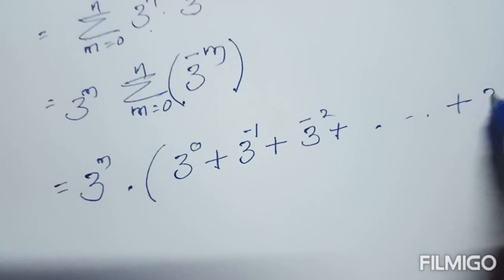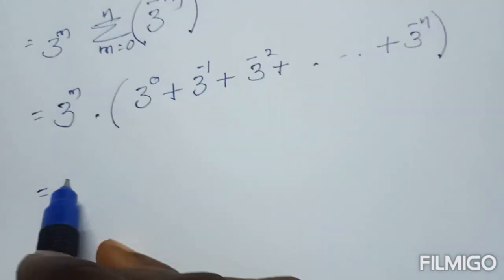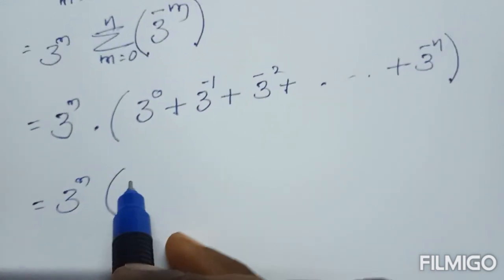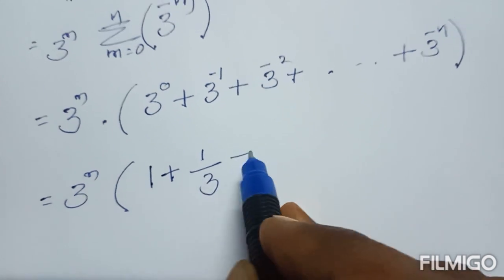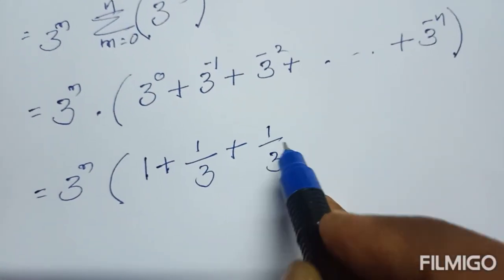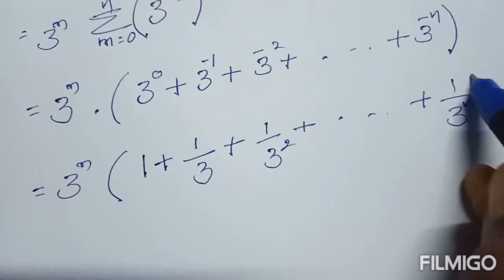Last term m equal to n. Everything has negative power, so it can be written as 3 power 0 is 1, 3 power minus 1 can be written as 1 by 3, 3 power minus 2 can be written as 1 by 3 square plus and so on, 1 by 3 power n.